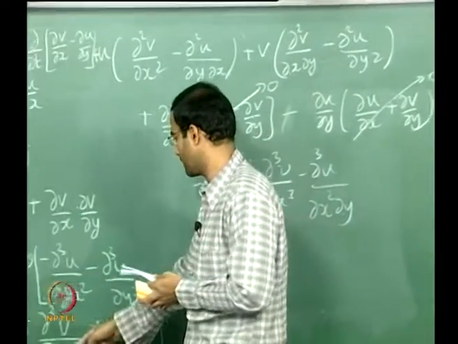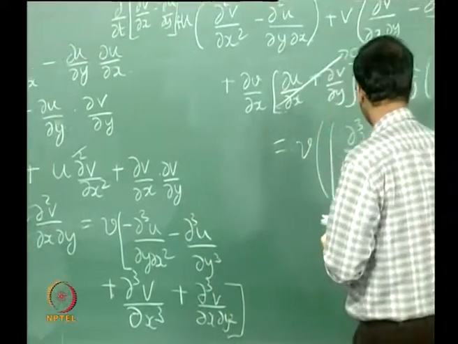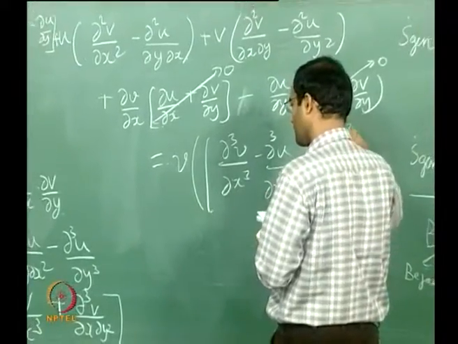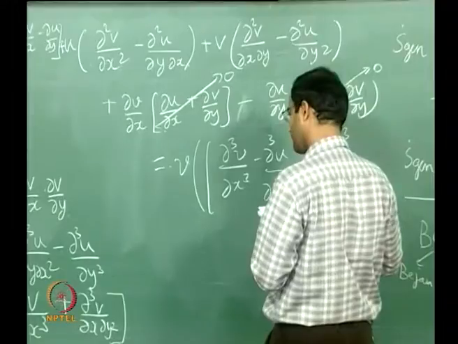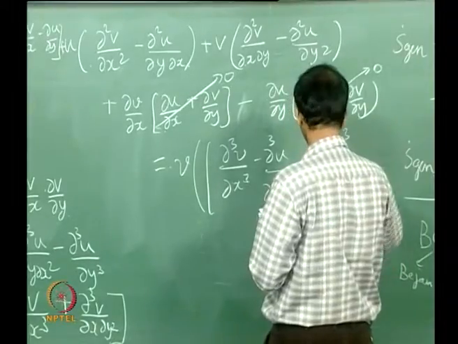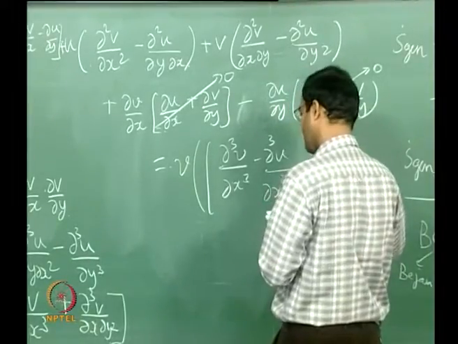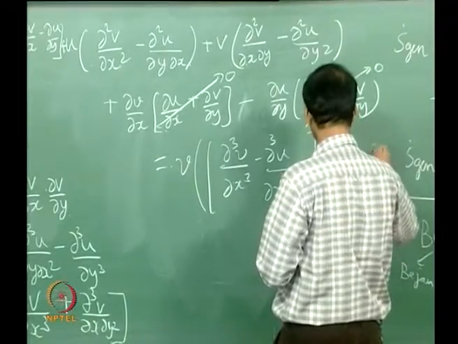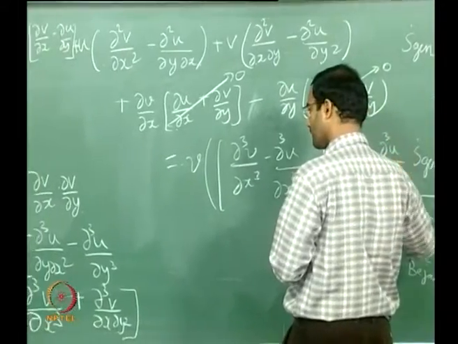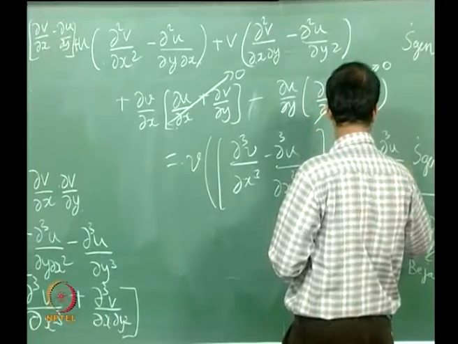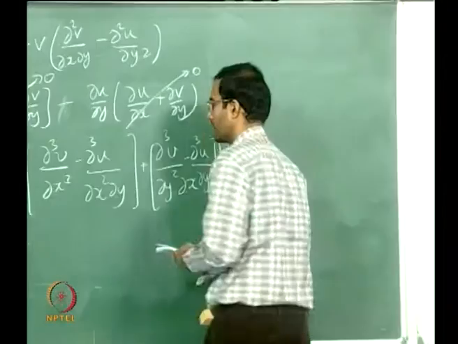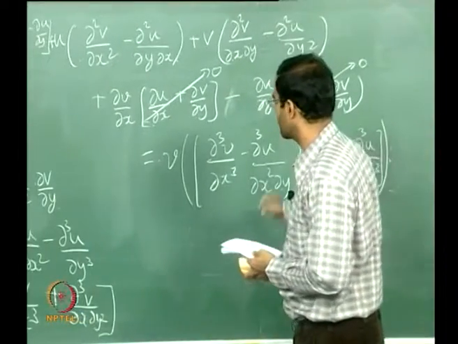Okay, so I am grouping these two terms, plus d cube v by dy square dx, minus d cube u by dy cube. All right, so I am just grouping them.